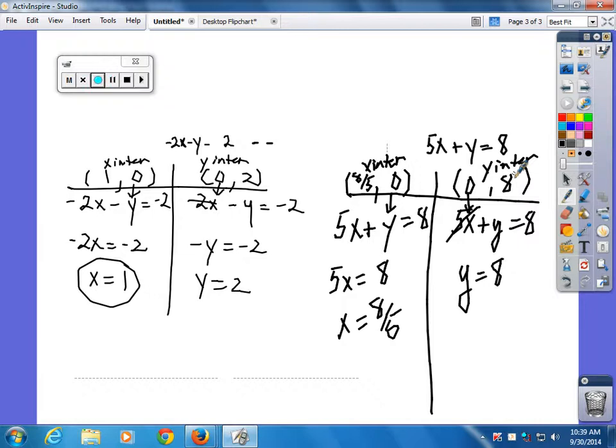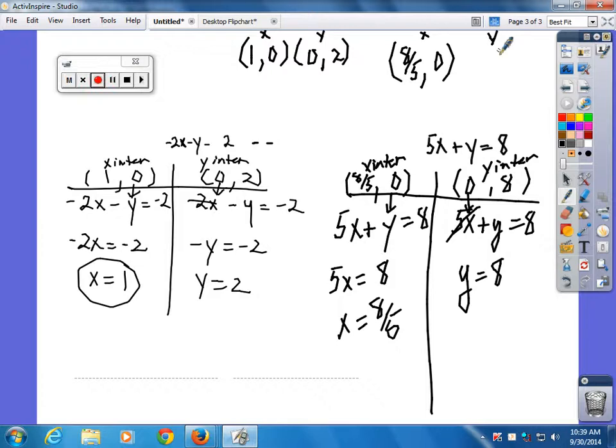So we need to write that down. 1 comma 0, that's your x-intercept. Y-intercept is 0 comma 2. And then here, my x-intercept is 8/5, 0, and my y-intercept is 0 comma 8.